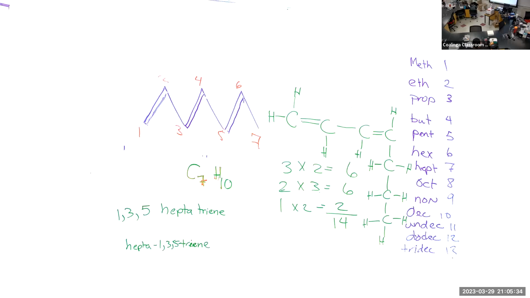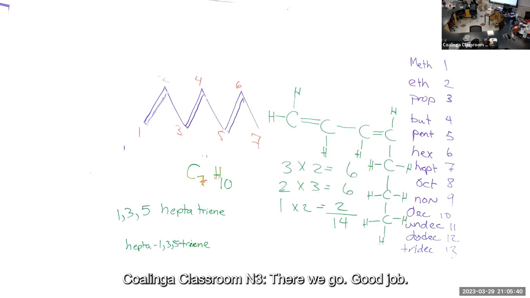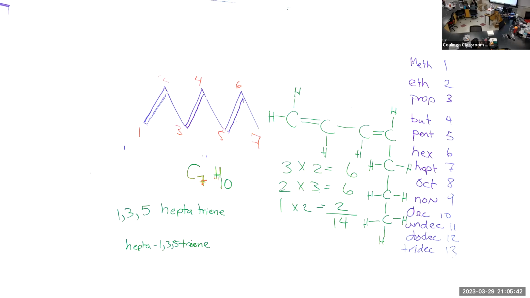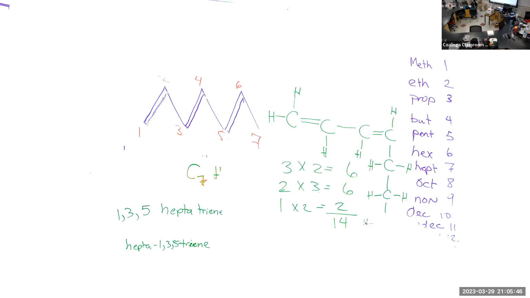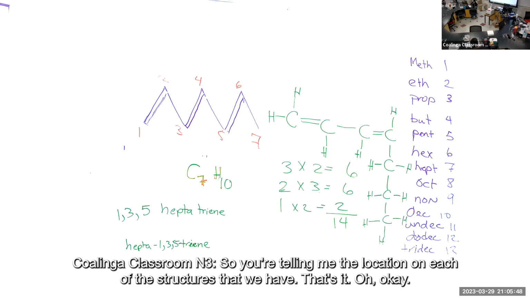Okay, so why is there a 5 in it? There we go. Good job. Where's the other double bond? Where does it start? At the 5th carbon. So you're telling me the location of each of the double bonds that we have. That's it.